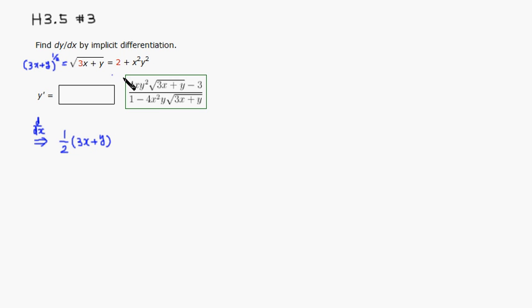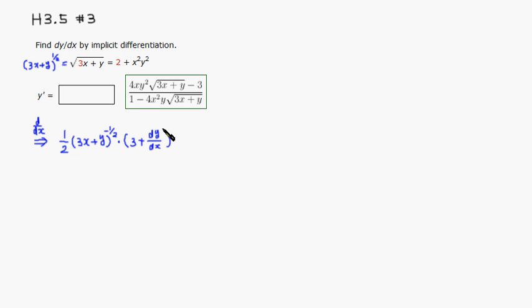Then you subtract 1 from the power, so it's going to be negative 1/2 power. Right, then you have to multiply by derivative of inside, which is 3 plus derivative of y is dy over dx.